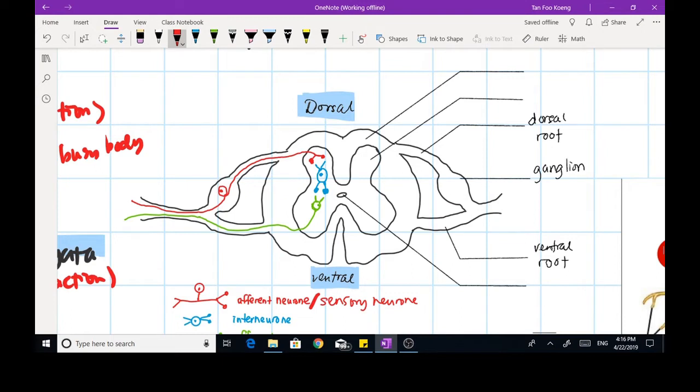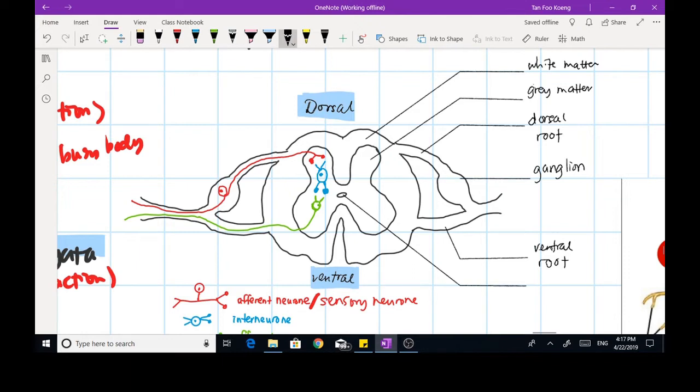Then let's examine the central part. Now the spinal cord can be divided into two regions. Now the inner region is known as the gray matter because it appears grayish to our naked eyes. Then the outer region is known as the white matter. Now the reason the gray matter is grayish is because it houses a lot of cell bodies.